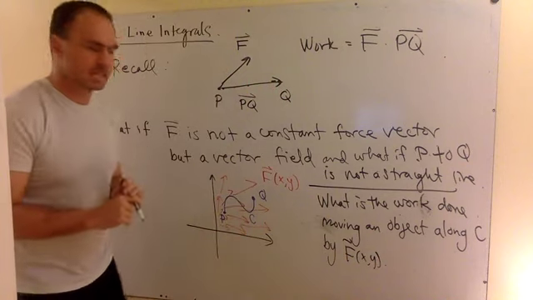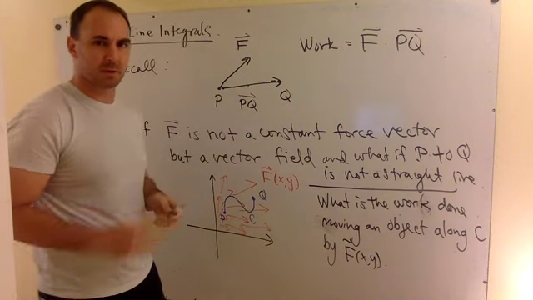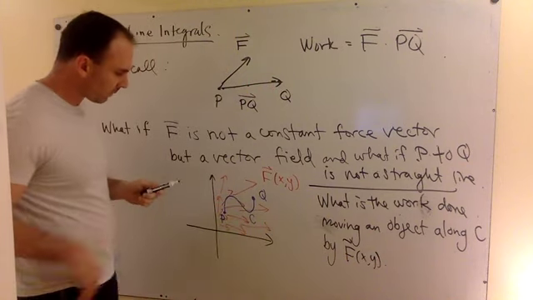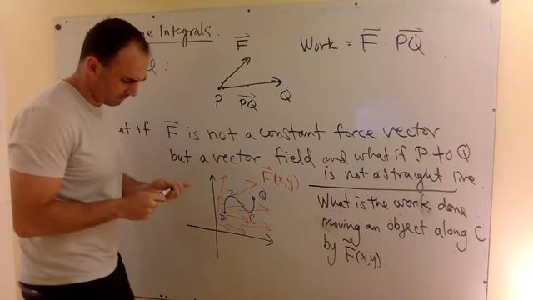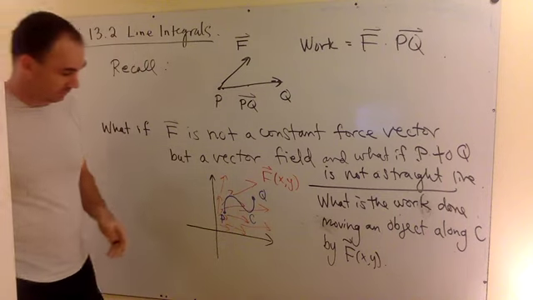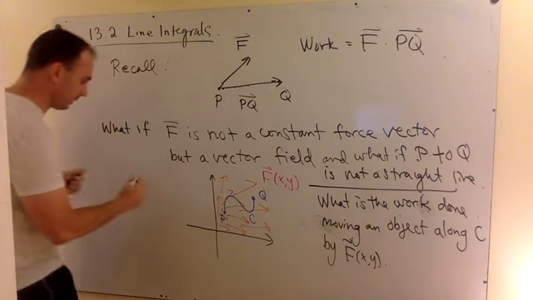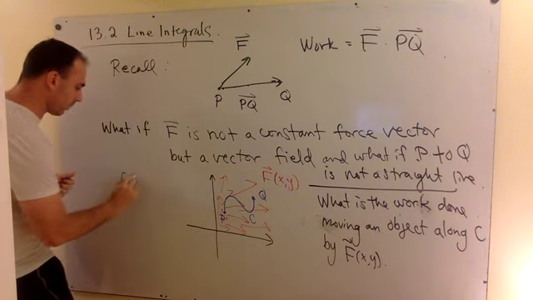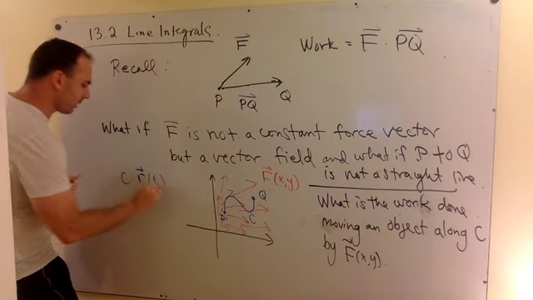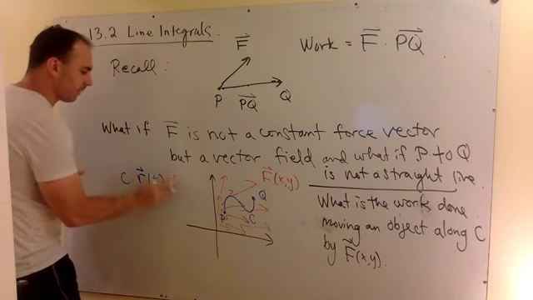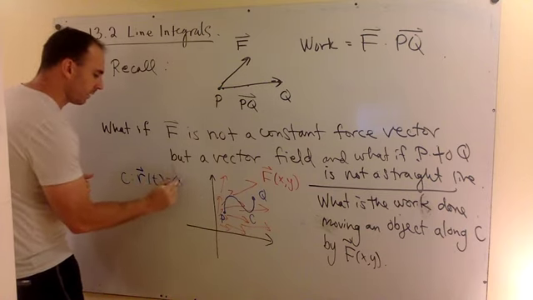Well, here's the idea. Let's just examine it at a little bit of a micro level. If I chop this curve up, first off, let's parameterize the curve. The curve's got some parameterization. Again, we're going to talk about this, but it's called r, and it's a function of t.